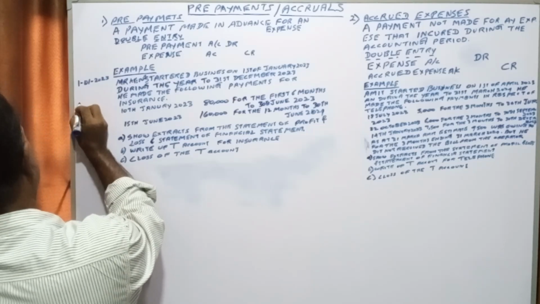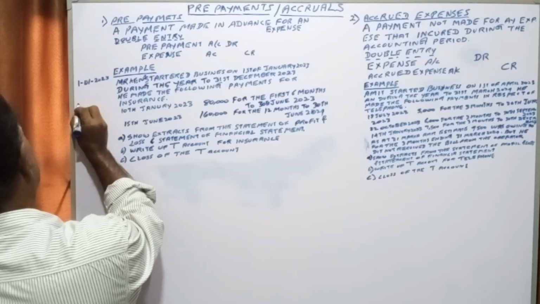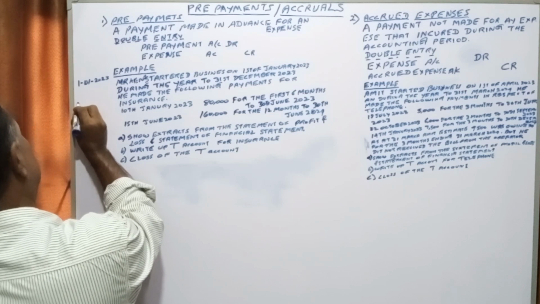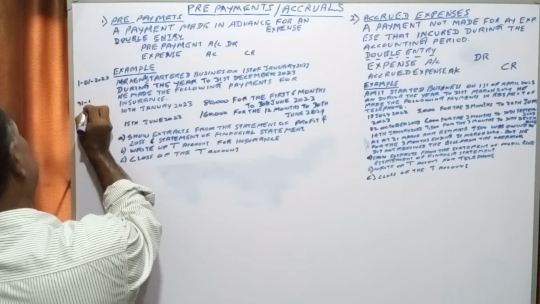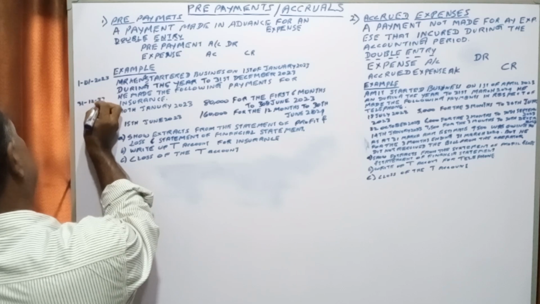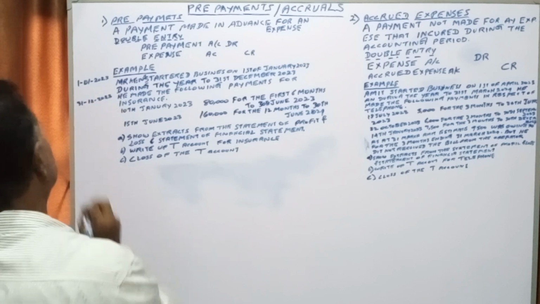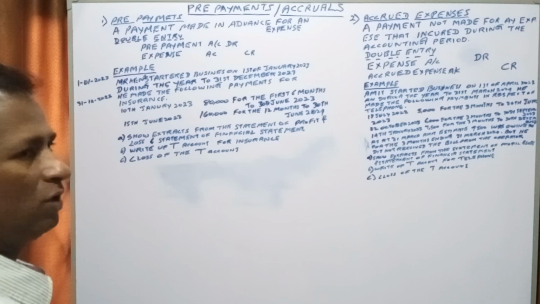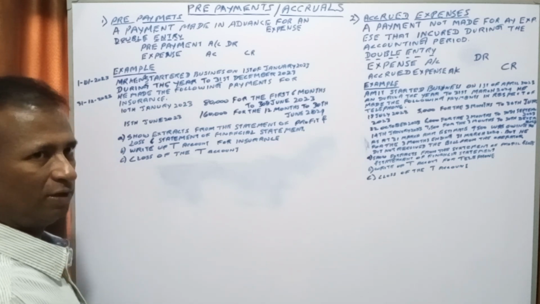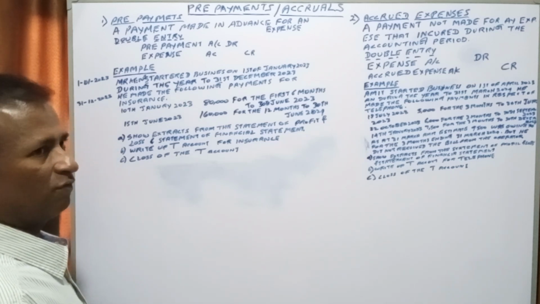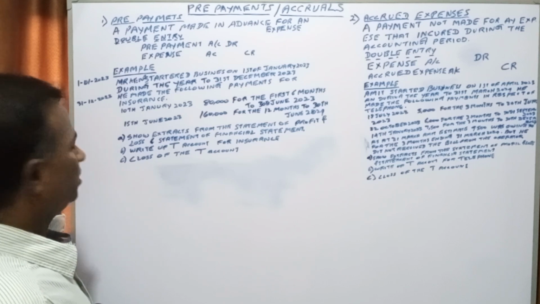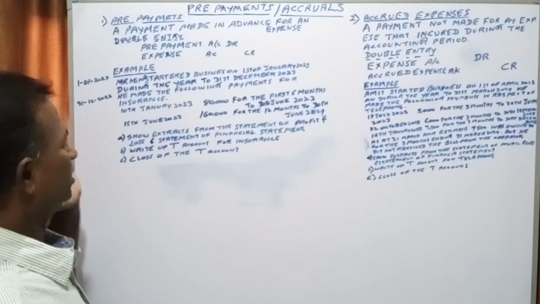Okay, that is a 12 months period. Each and every accounting period, financial period, should consist of 12 months.